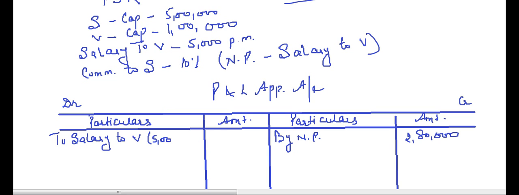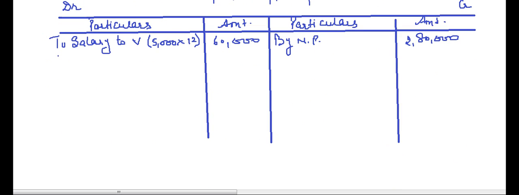So for the year it will come out to 60,000. Now we will pay commission to Sharma on 10% of net profits minus this salary.